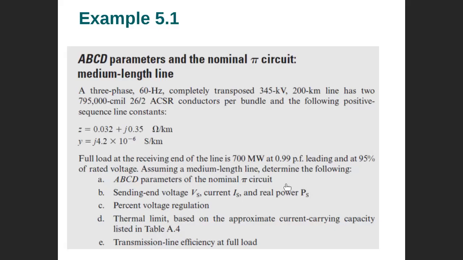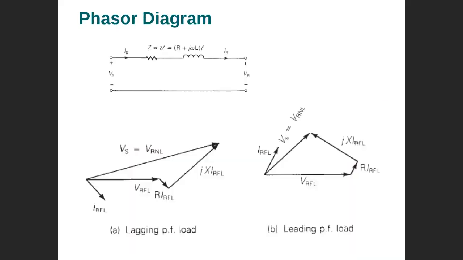Doctor? Yes. So we prefer a leading power factor over a lagging power factor? No, we do not prefer a leading power factor. We prefer 0.99 lagging. A leading power factor means that the generation is absorbing reactive power. We don't want the generation to absorb reactive power. But if it's unity, that will be okay.